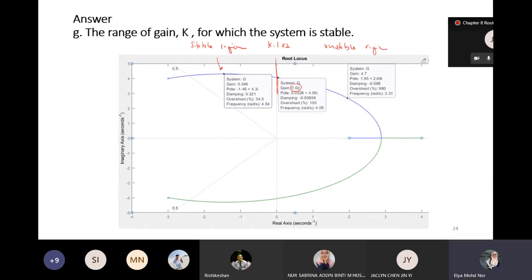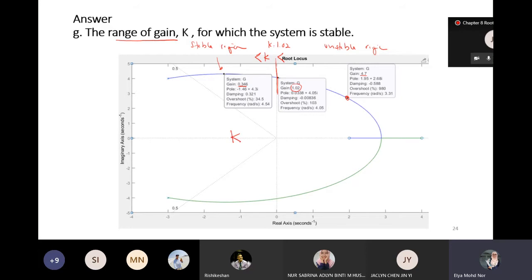So the gain here is 0.346, which is smaller. Then 1.02, and the gain at the unstable region for this point is 4.7, which is bigger than the gain at the crossing.